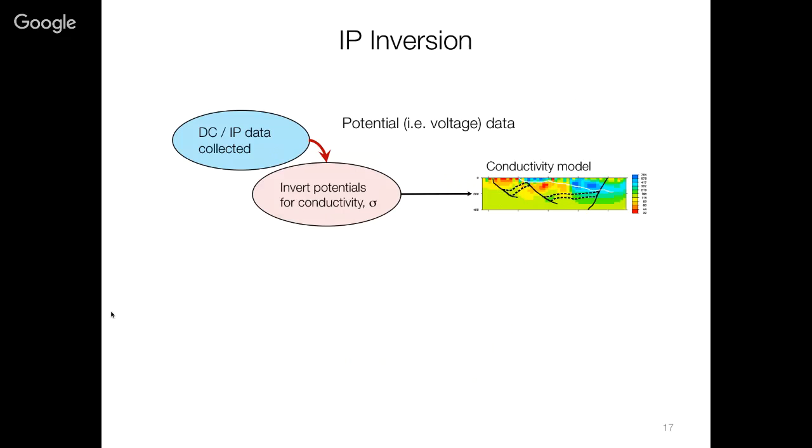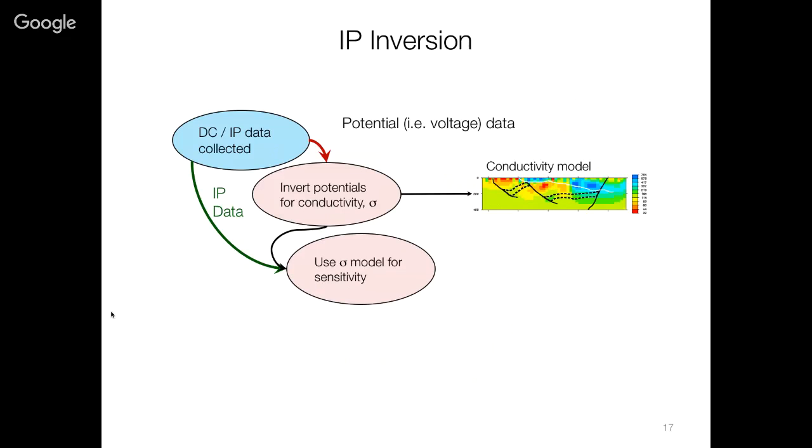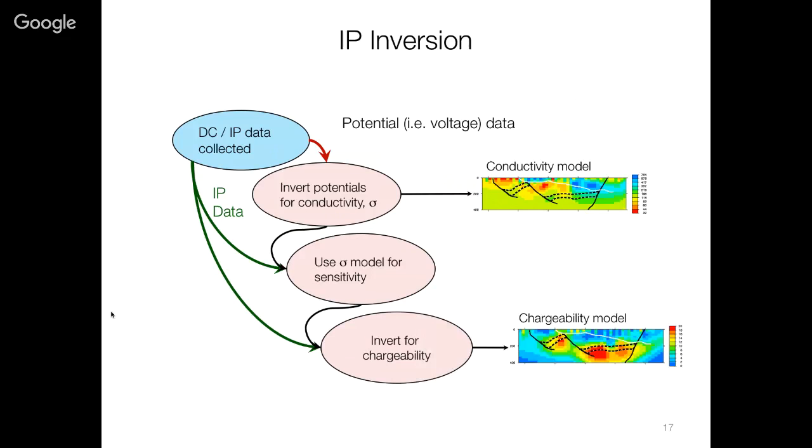That's standard. That's our DC problem. The next step is that we use that result to calculate the sensitivities. Once we've got that, we've got the forward operator for our IP data, and we can invert that for chargeability.